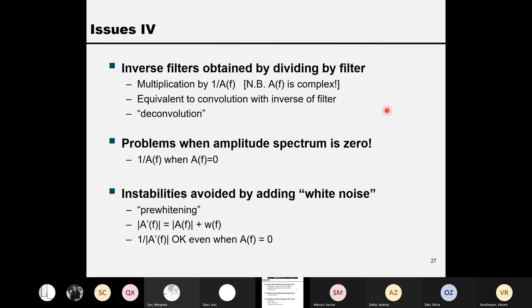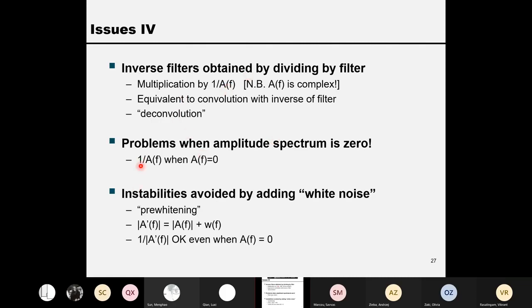Another issue for the inverse filter is that the inverse filter is basically 1 over the filter. So another issue is if one of the components, A(f), is 0 or next to 0, 1 over 0 does not exist, so the filter is not stable.